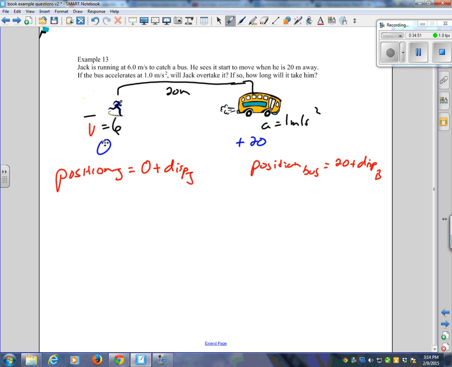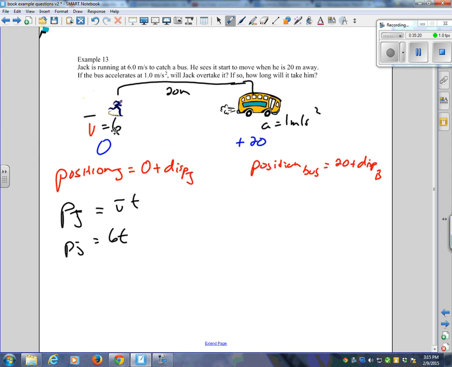So the next step is position Jack, PJ, is equal to 0 plus its displacement. Jack is traveling at a constant 6. So it's V bar T, position Jack is equal to 6T, is it not? Jack's position, he's going at a constant 6 meters per second.